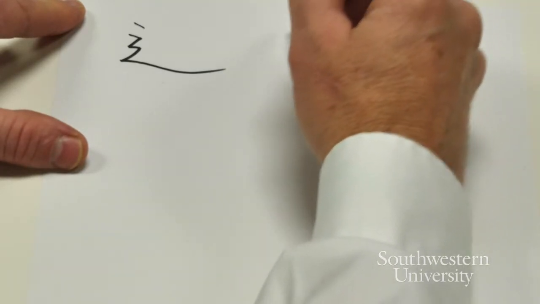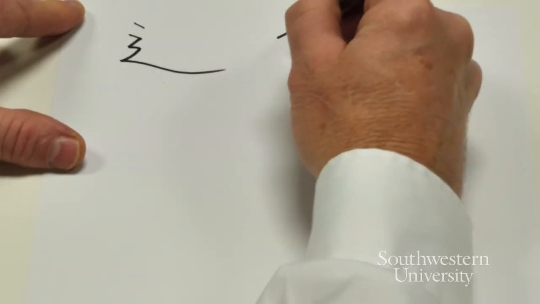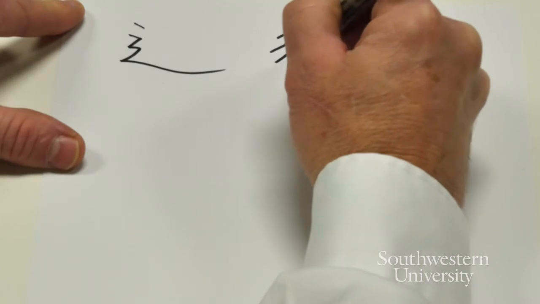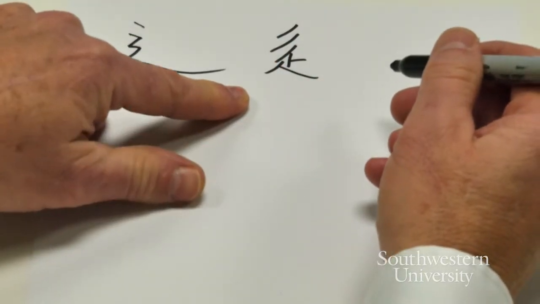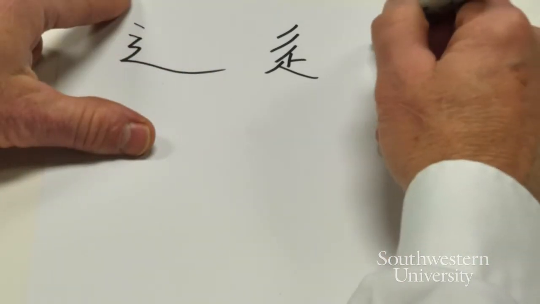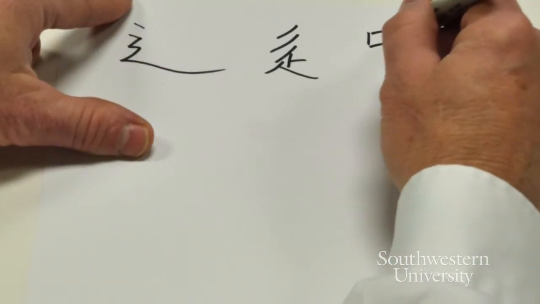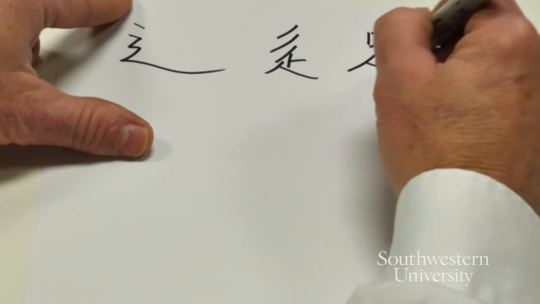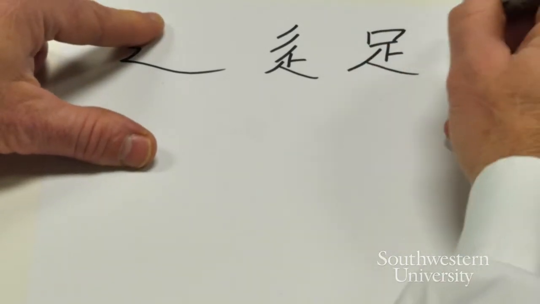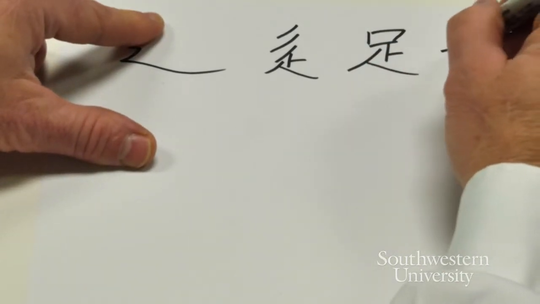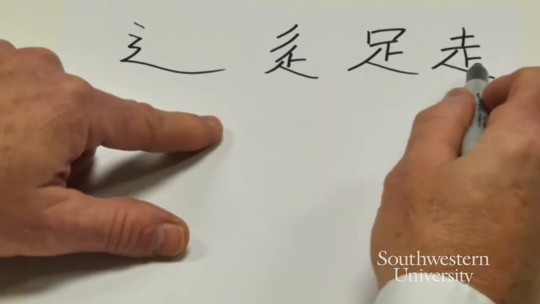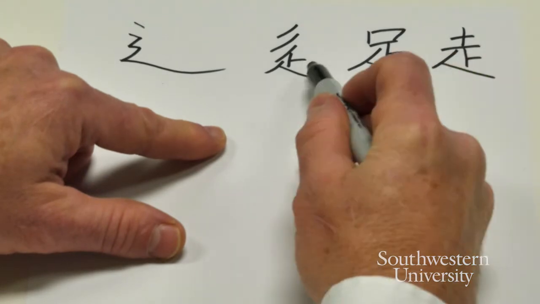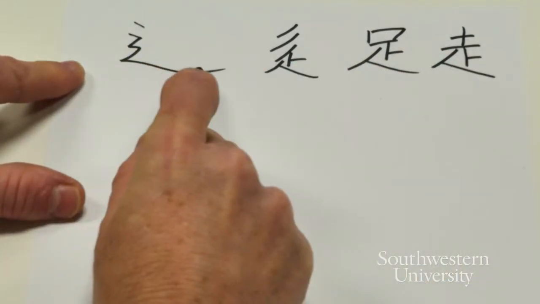It's actually a shorthand version of this, chua, which means to walk, or originally it's a foot. It also looks somewhat like the character for foot, or even the character for to walk. So you can see all of these, originally depicting a foot, all of them mean to walk, and you can see a kind of relationship here.